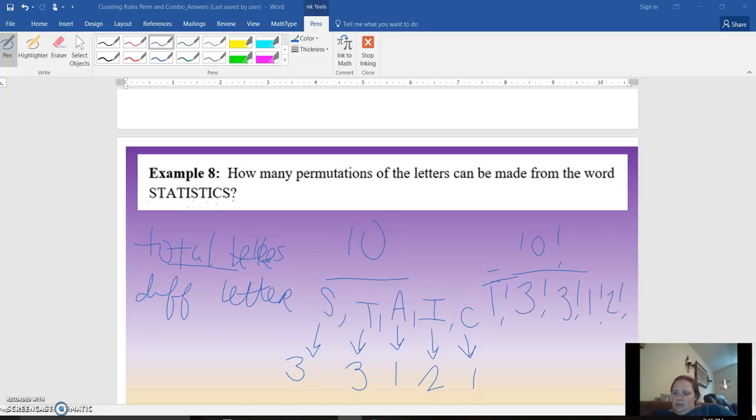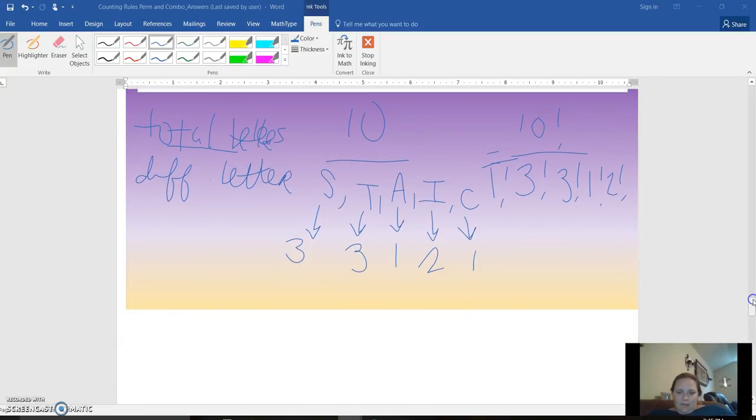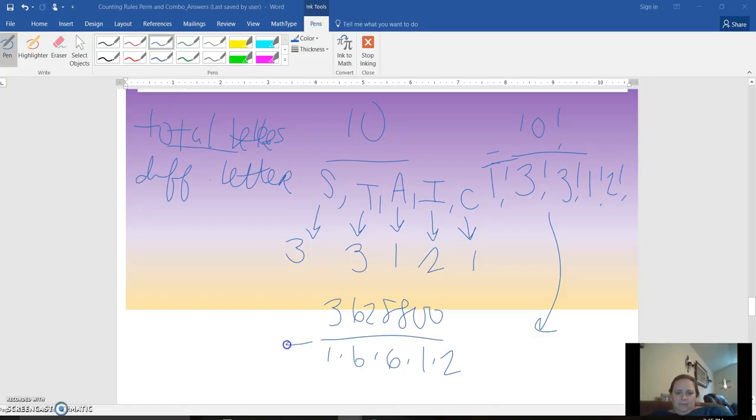Okay, 10 factorial. Oh, all right, so big. 10 factorial is 3, 6, 2, 8, 0, 0. 1 factorial is 1. 3 factorial is 6. 3 factorial is 6. 1 factorial is 1. 2 factorial is 2.